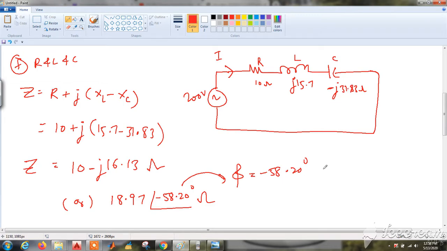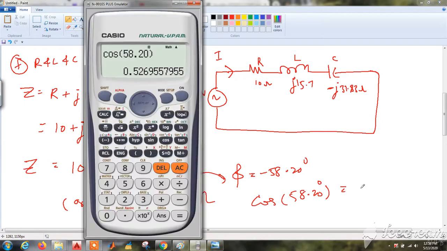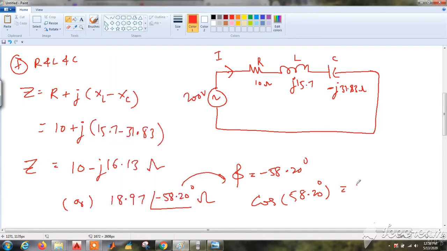So this circuit is more behaving like an RC circuit, and the power factor is cos of 58.20 degrees. We will get 0.526 lead because power factor angle is negative and the current angle will be positive.